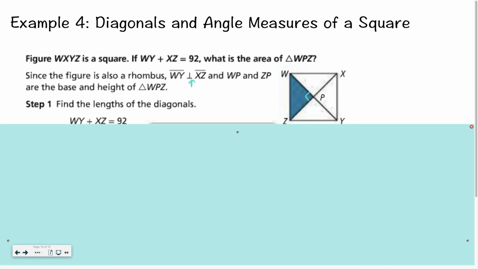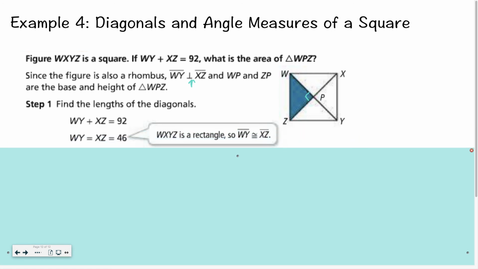And we know that WP and ZP are the base and height of that triangle, right? It's not the hypotenuse. The hypotenuse is the side that's opposite of the right angle. So then if I want to find the length of the diagonals, I know that since this square is also a rectangle, my diagonals are congruent.